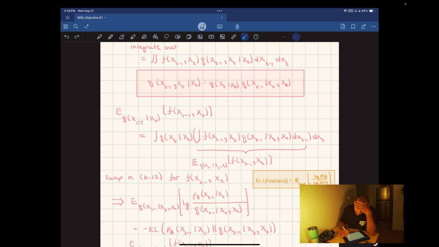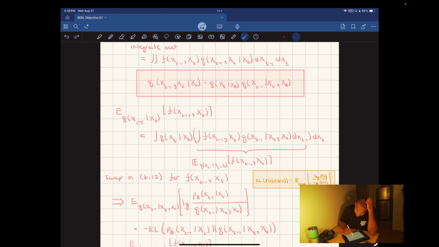The first integral is of everything that includes the variable dx_{t-1}, and then we pull this one out. So we're just separating the two integrals, this one and this one. We do this integral first, and then we can do this integral, which depends on dx sub t.